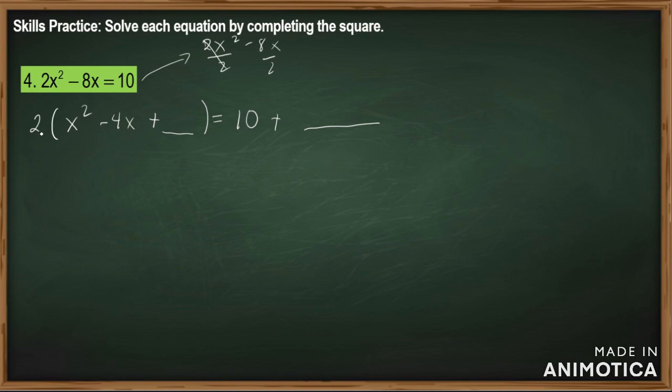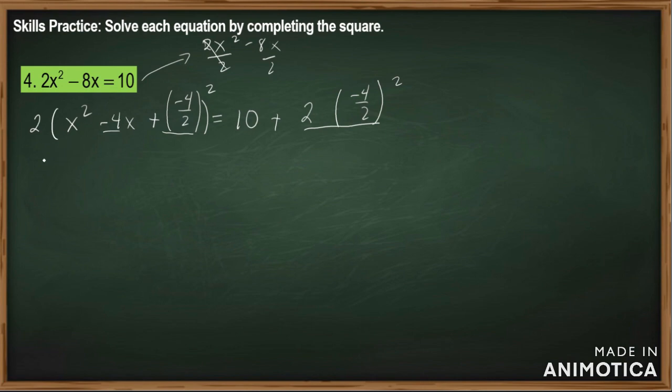So mean to say the added number also should be multiplied to 2. Okay, so let us now identify the added term by getting the square of half of b. Here we have negative 4 over 2, negative 4 over 2.